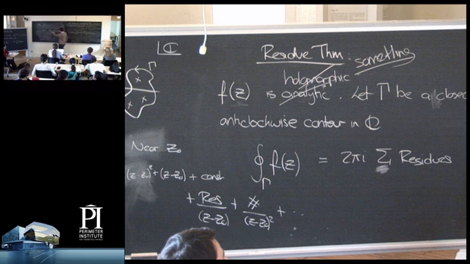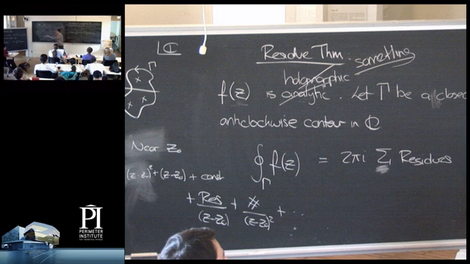So there's a constant piece, and there's a piece which vanishes linearly as z gets close to this point z0. And then there are terms which can blow up, because they look like 1 over z minus z0, or 1 over z minus z0 squared, and so on. The coefficient that sits on top of the first term, the term that's 1 over z minus z0, is called the residue.